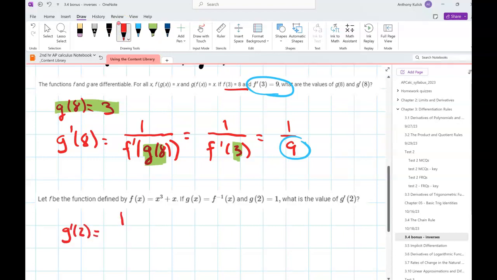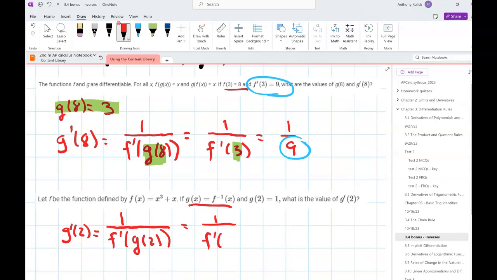So we know right away, since f and g are inverses, which is just another way of stating that, that's going to be 1 over f prime of 1. And I can calculate f prime because I've been told what the function for f is.